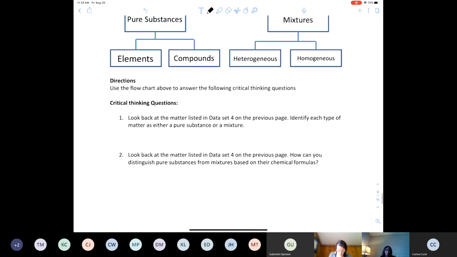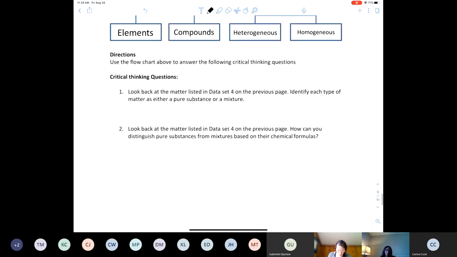And so the pure substances, I'm just going to use a couple of examples. Like the helium is an element, but it's a pure substance.